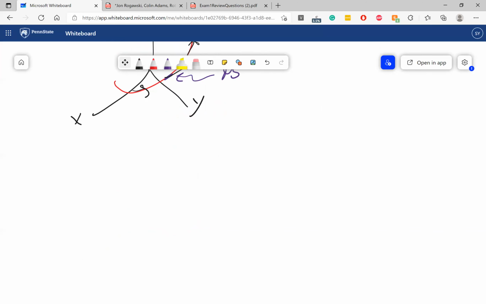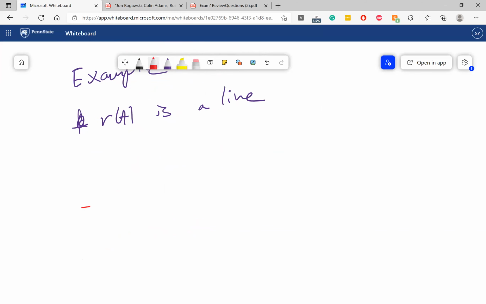So for example, if we have a line, so if R of t is a line. So let's say it's something like this. Here's our R of t. And here are our unit tangent vectors.